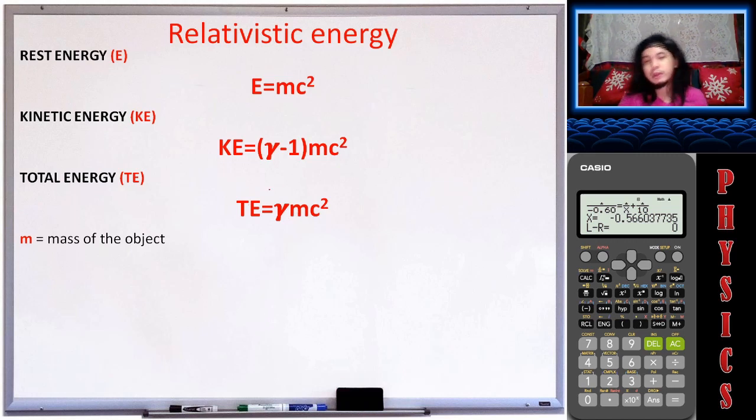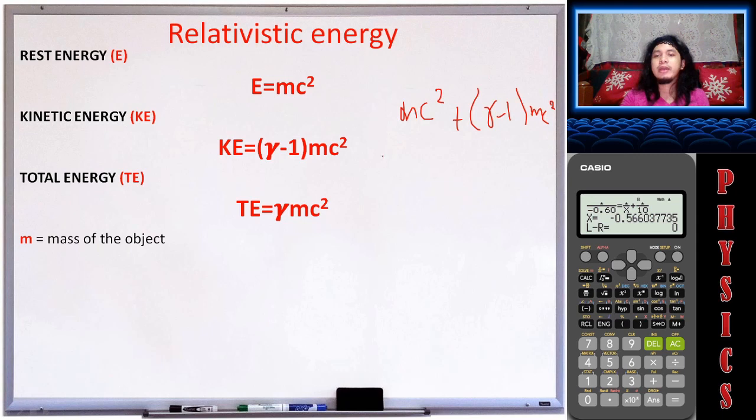So, how do we compute for the total energy? We just add the rest energy and the kinetic energy. So, that's mc squared plus gamma minus 1 mc squared. Diba?